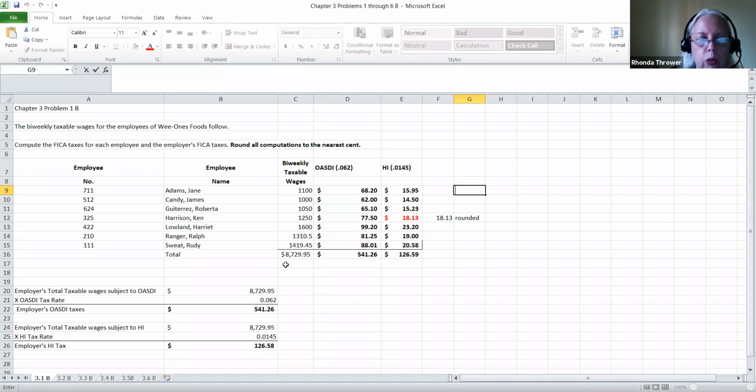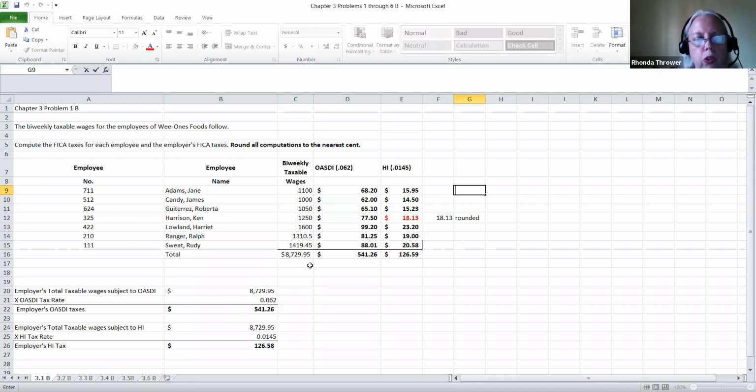Use the total taxable wages that are subject to OASDI and multiply it by 6.2%. That gives you the employer's taxes for OASDI. The employer also has to pay FICA tax. They match the taxes, in other words, that are taken out of your paycheck.